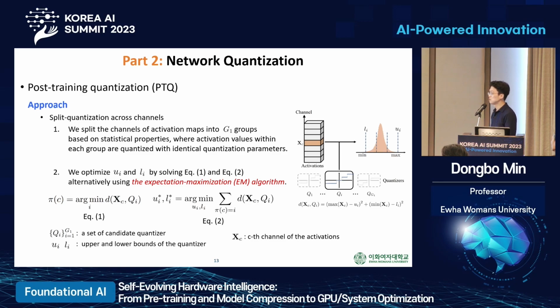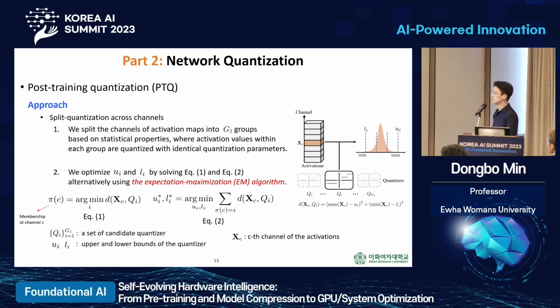And in order to do this, for instance, this left part is the expectation and the right part is the maximization process. So in the beginning, for channel c, please find some membership, which group you are belonging to.